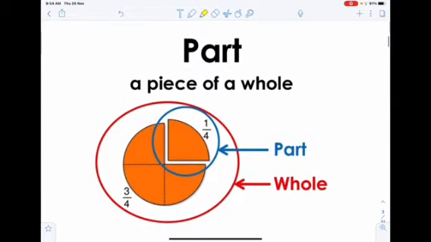Now, to correctly depict what I explained, see, this is a part of a whole thing, correct? I have the whole circle divided into 4 parts. This is exactly 4 parts, and now this part is called part of the whole.